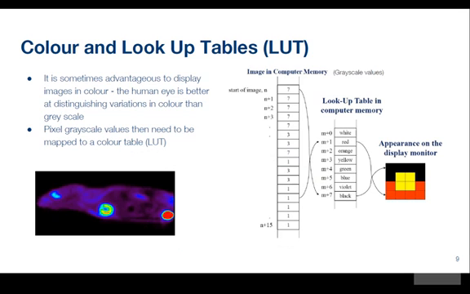It's sometimes an advantage to display images in color. We live in a world where we do see color. So in some situations, colour allows us to interpret an image in a clearer way, maybe is the best way to describe it.